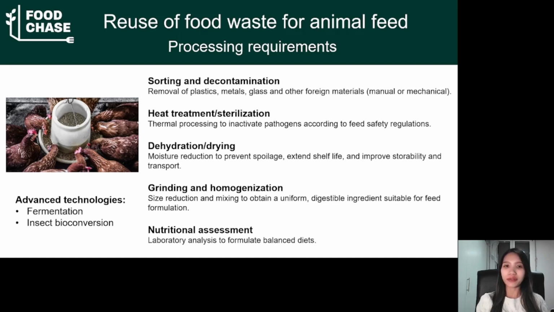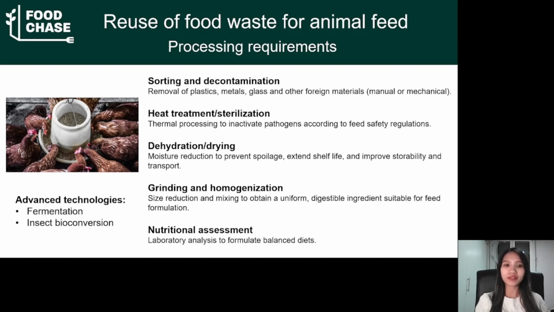Dehydration or drying is needed to prevent spoilage, extend shelf life, and improve storability and transport. Size reduction and mixing is important to obtain a uniform, digestible ingredient suitable for feed formulation. And finally, a laboratory analysis for nutritional assessment is performed to formulate a balanced diet for specific animals.